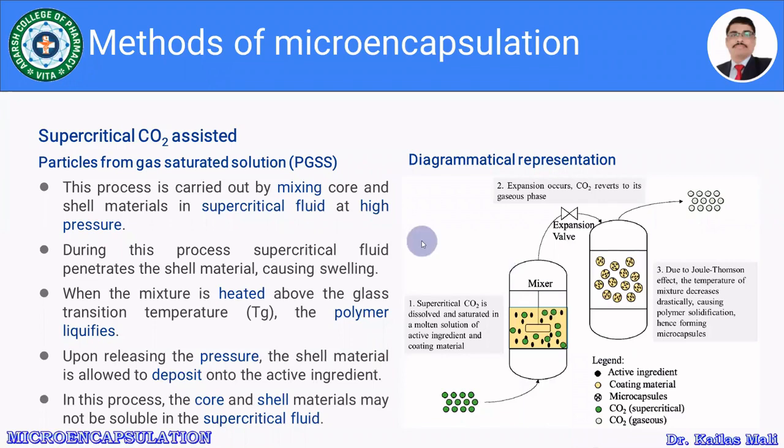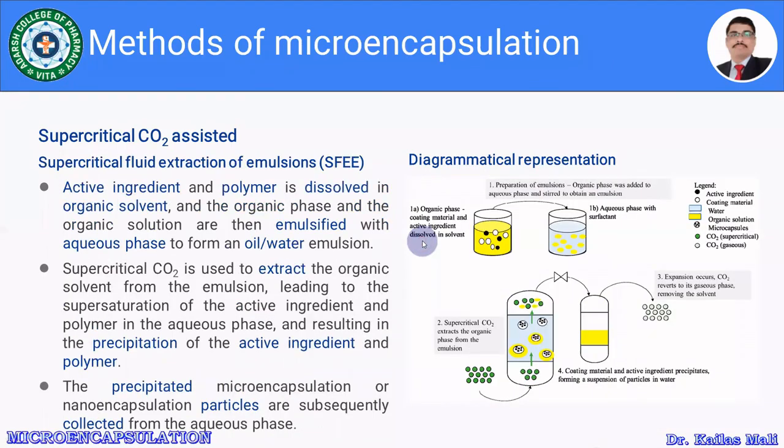Let us move towards the next method, known as SFEE, supercritical fluid extraction of emulsion. Here we are using the emulsion concept. Initially we have to prepare an O/W type of emulsion, that is oil in water.